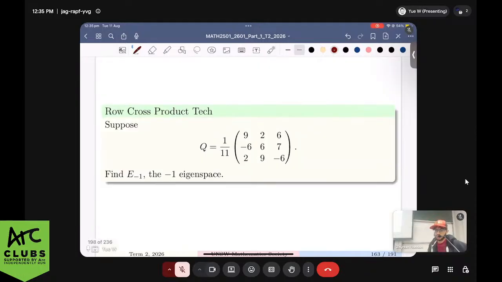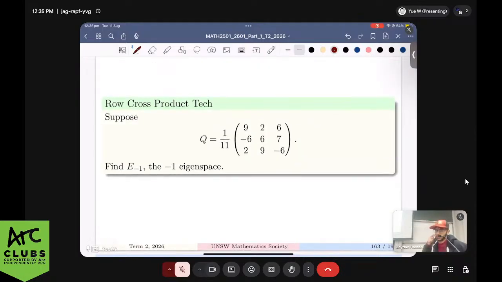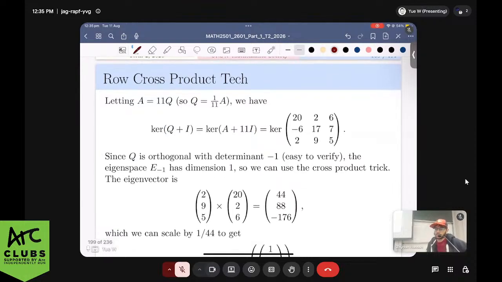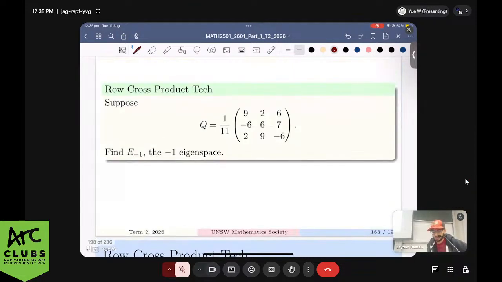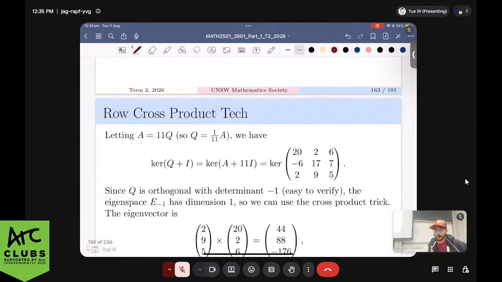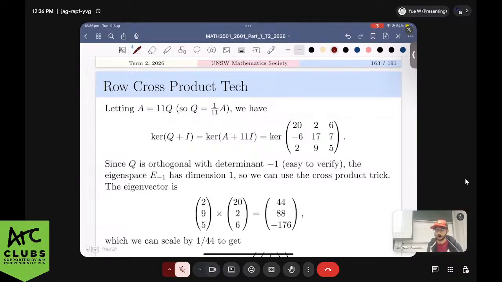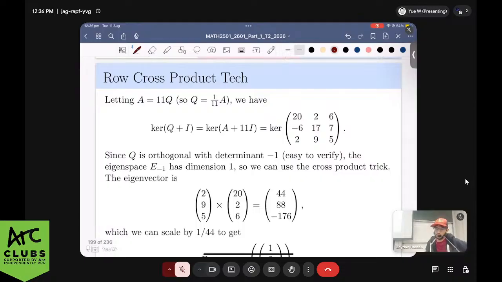So an example is if you have this matrix here, you want to find E minus 1. First of all, consider Q plus I, which is the same as if you just consider this matrix as A, the kernel is the same as the kernel of A plus I. And to find the kernel of this matrix, you could row reduce, but it's kind of annoying. Instead, you can just do one computation, which is to take the cross product of two rows.